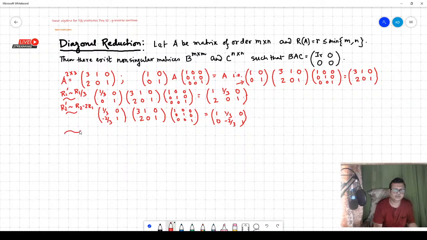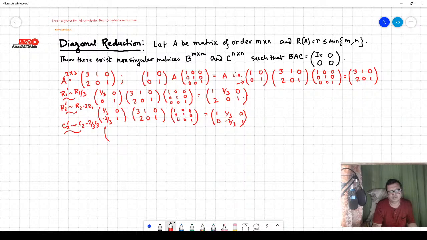Now I use column operation. C2 dash, I can use arrow or curl. C2 dash is C2 minus 2 by 3 C3. Column operation means post multiplication.